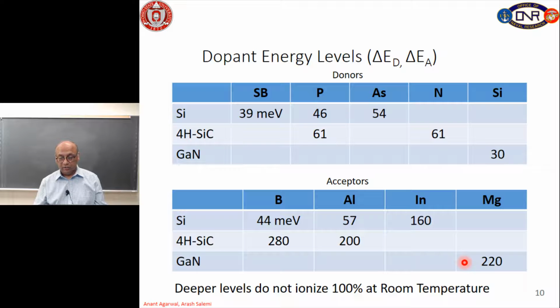Magnesium is a P-type dopant, also an acceptor, which is fairly deep. So, the problem is these deep energy levels, such as aluminum in silicon carbide or magnesium in gallium nitride, do not ionize 100% at room temperature.